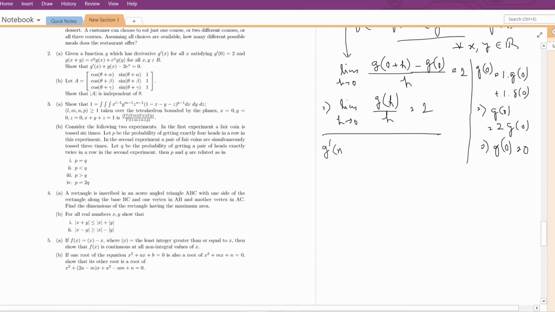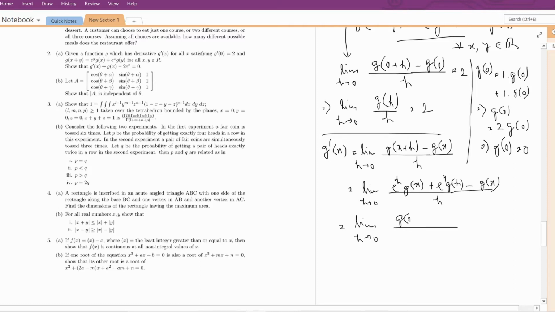g dash x equal to limit h tending to 0 of g of x plus h minus gx divided by h. If we express g of x plus h by the formula given here, then we will get e to the power h gx plus e to the power x gh minus gx, divided by h.